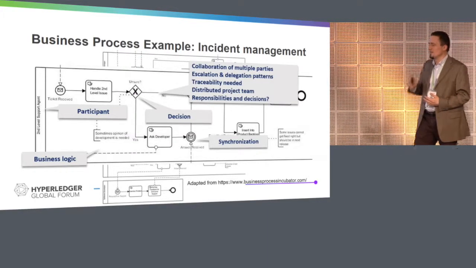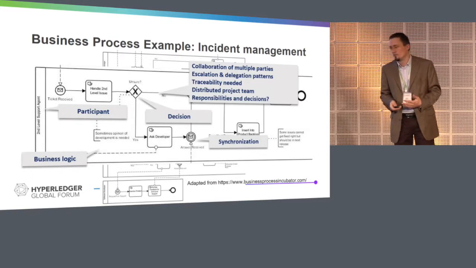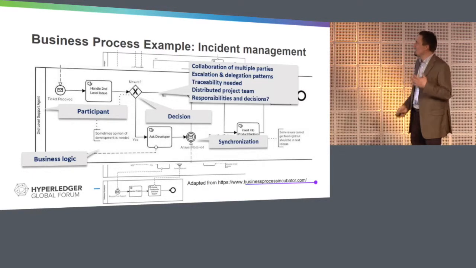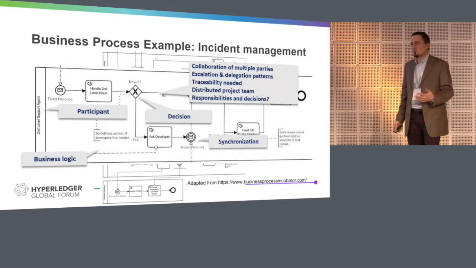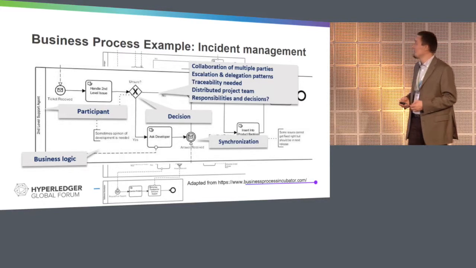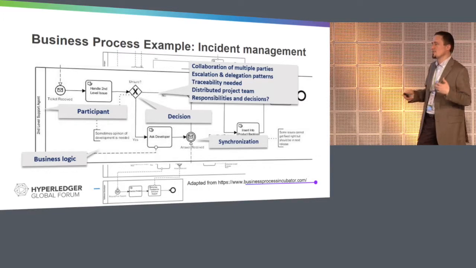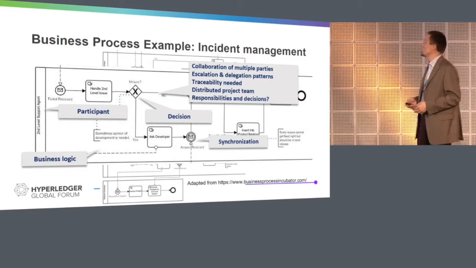Why is it interesting? Because it is really a collaboration of multiple parties. There are a lot of escalation and delegation patterns in these collaborations. So how do we decide what to do with one particular item, whether it's the same report or a report caused by the same bug as the one reported yesterday, and so on.